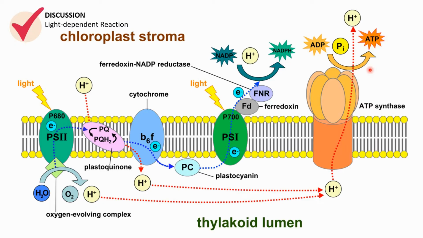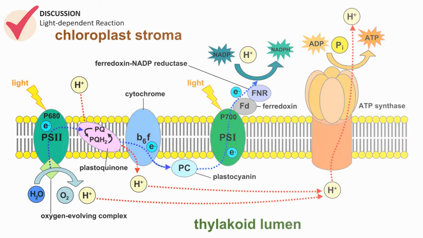Okay, so that ends the first part of our discussion for light-dependent reaction. Also, remember that NADPH and ATP are going to be found outside the thylakoid lumen. So, nasa loob pa rin siya ng chloroplast, pero nasa space siya called the stroma.